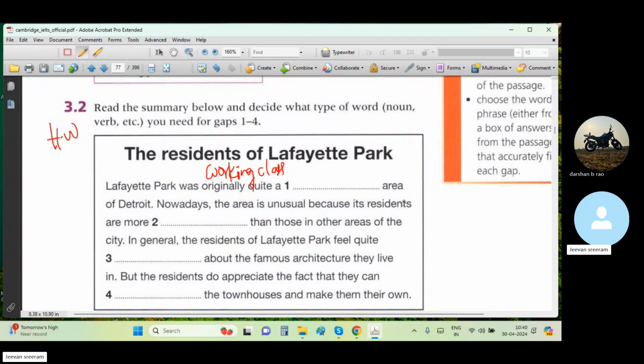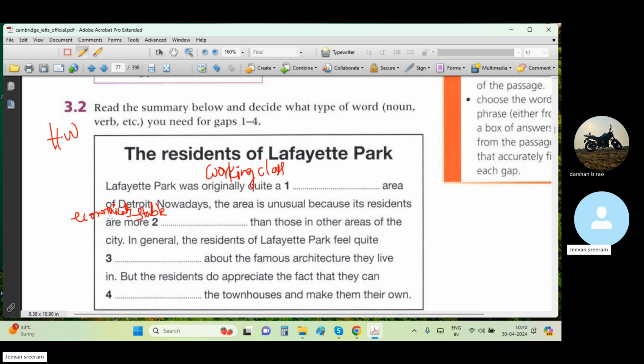Nowadays the area is unusual because its residents are more racially integrated, economically stable, and they are opposing the suburban migration.